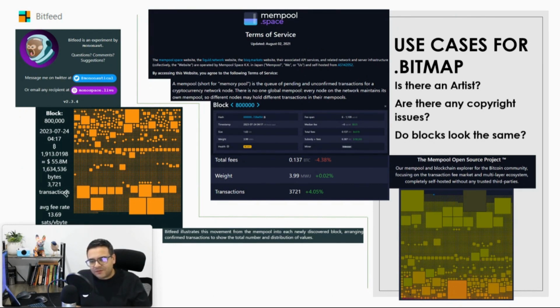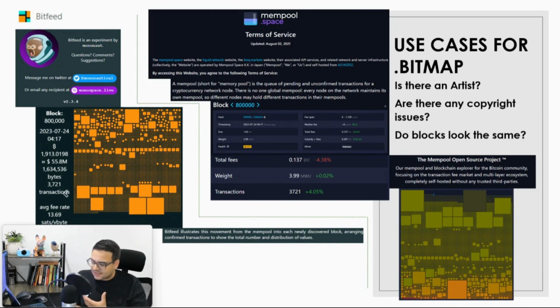As I was going through the information on Bitfeed, which anyone can do, you just click on one of the information buttons that they've got on there if you want to know more about the site and what the vBytes mean, etc. It's quite interesting if you haven't checked it out.